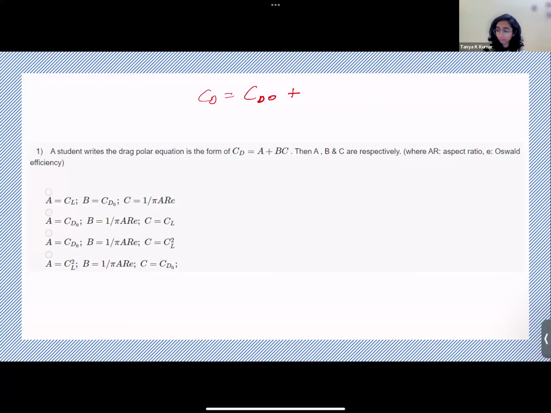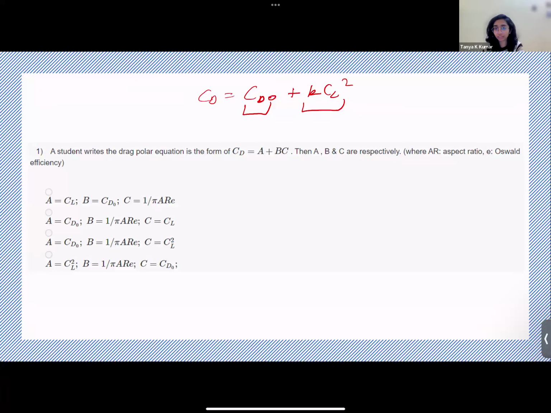CD naught plus K CL square. Yes. Do you remember what each term was? What was CD naught and what was K CL square?